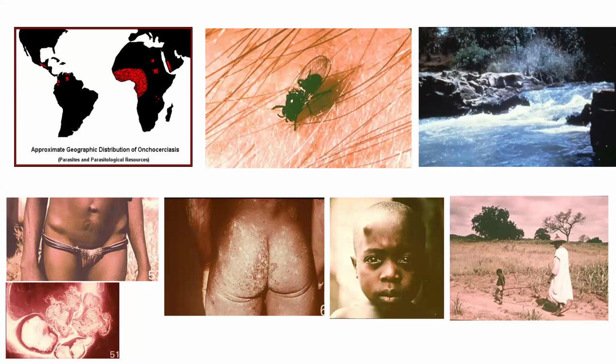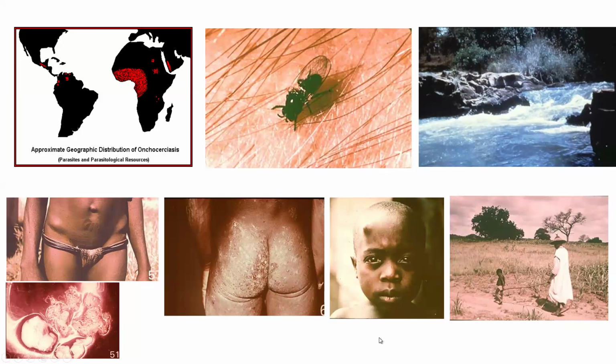Now, when the nodules are particularly close to the eyes, the microfilariae get into the tissues of the eyes. So there's a nodule on this young boy's head, and over a prolonged period they affect all the tissues of the eyes from the cornea all the way back to the retina, and the eventual result of that is blindness.